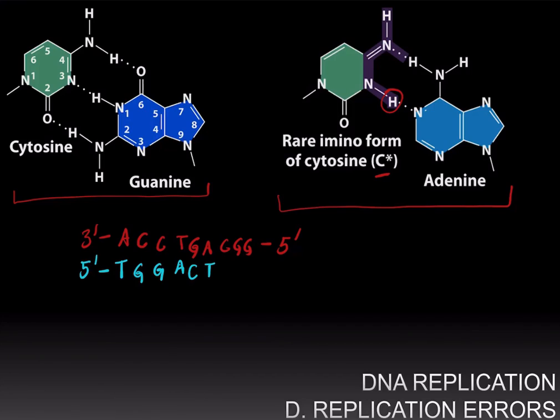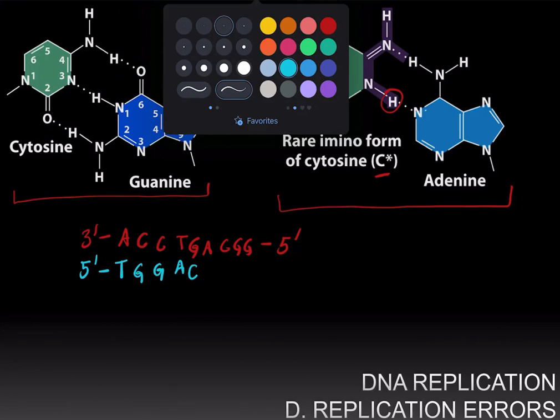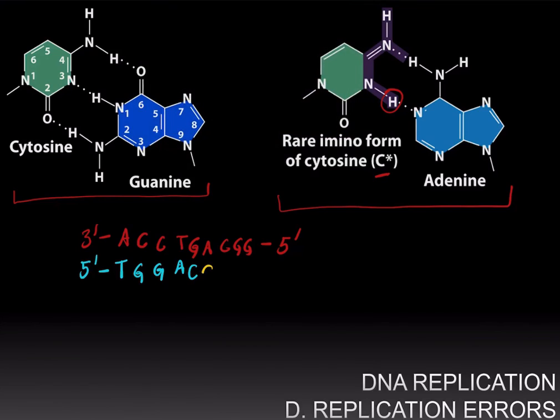However, since C asterisk, the imino form of cytosine, can base pair with adenine, occasionally we will get a situation like this. You will get the imino form of cytosine base pairing with the adenine, and therefore introducing an error in the DNA.